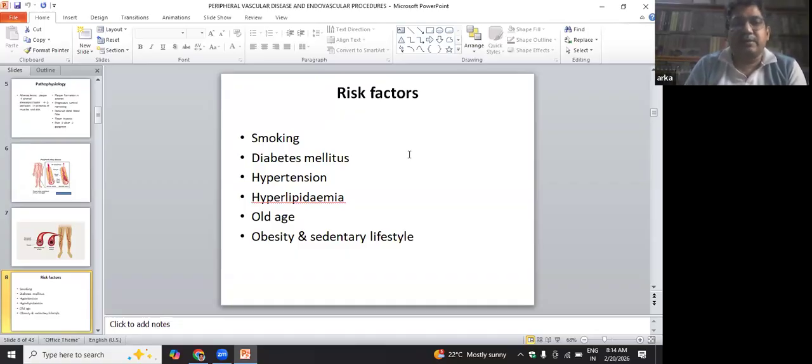Old age is another factor where atherosclerotic disease can come again and again. So these are the risk factors for peripheral vascular disease, mainly atherosclerotic diseases.